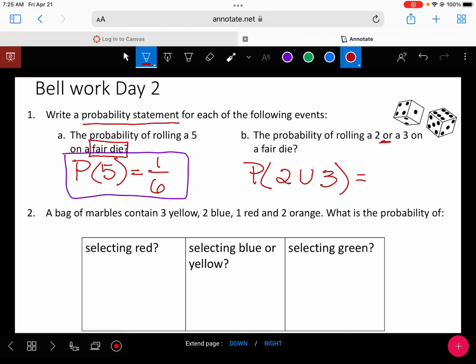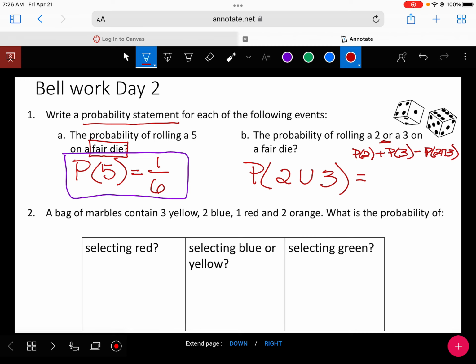Remember, that's the probability of getting a 2 plus the probability of getting a 3. You might want to write this down. Minus the probability of getting a 2 and a 3 at the same time. That's a little confusing.